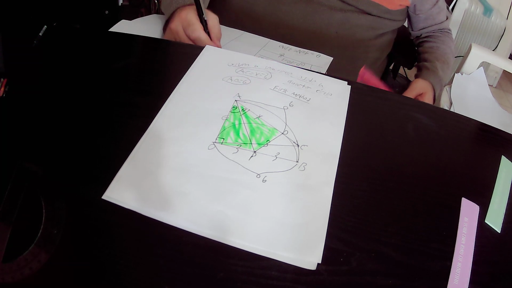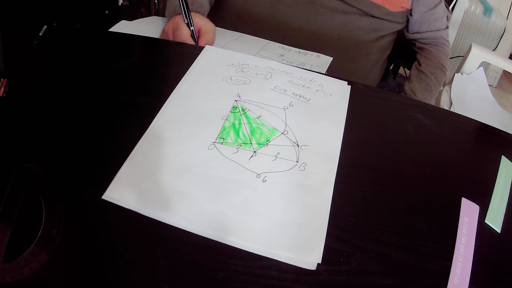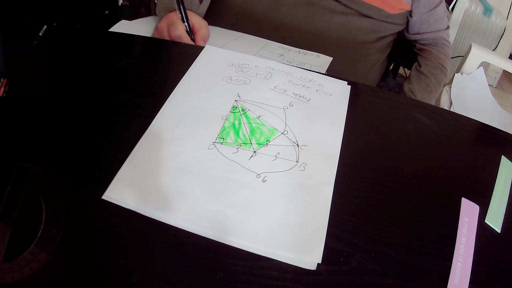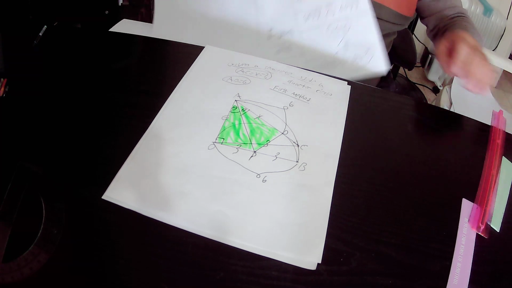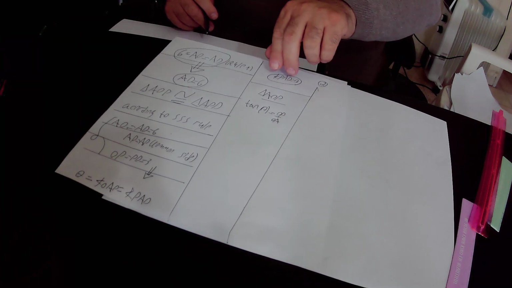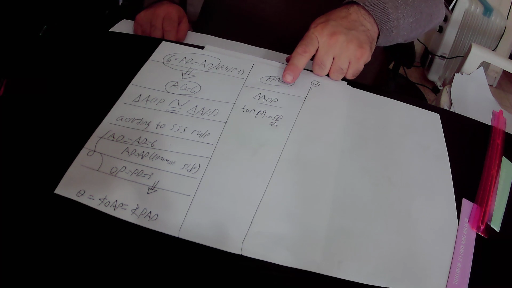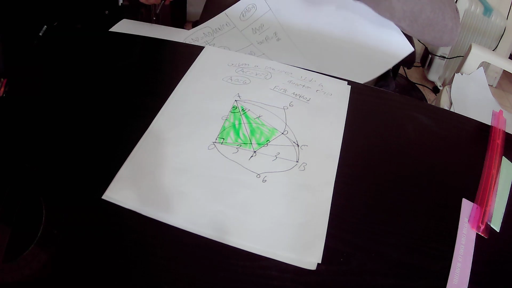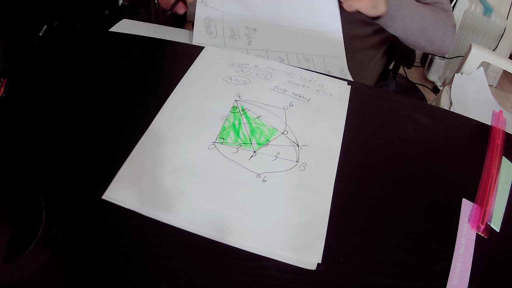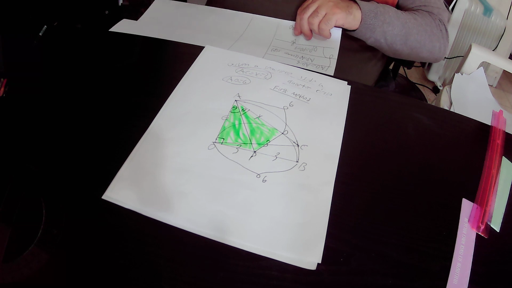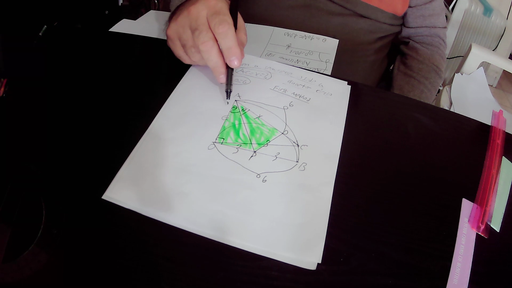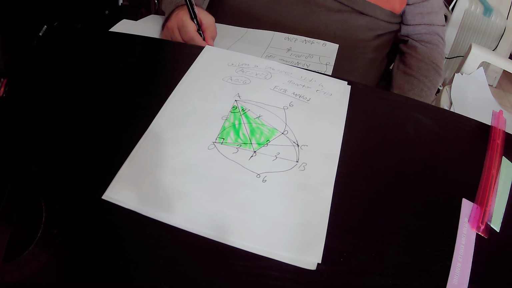In this green right triangle, we know that tangent theta equals OP over OA. And repeat again. In the right green triangle, triangle AOP, tangent theta equals OP over OA. Here OP equals 3 units, and OA equals 6 units according to what is given in the question.